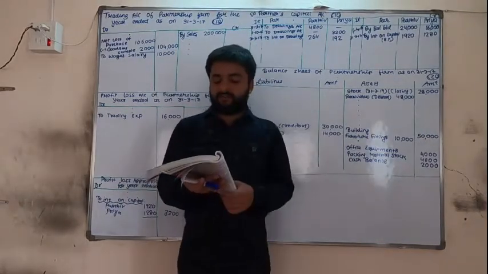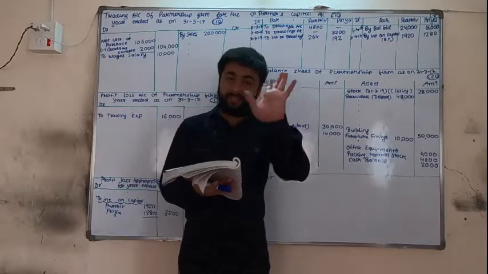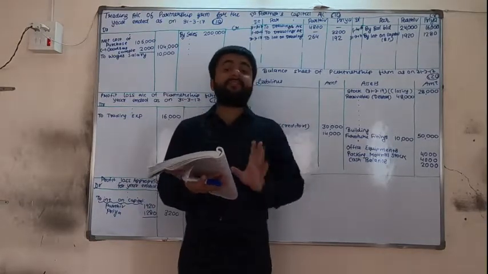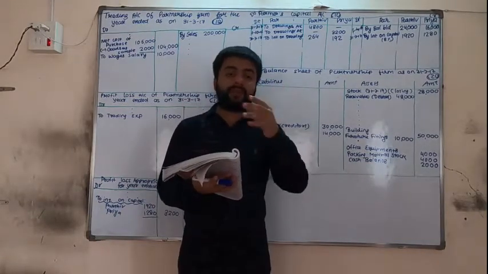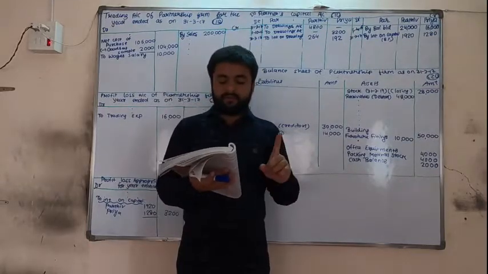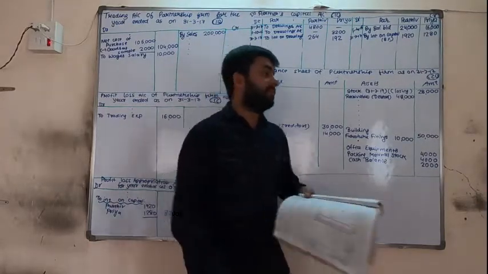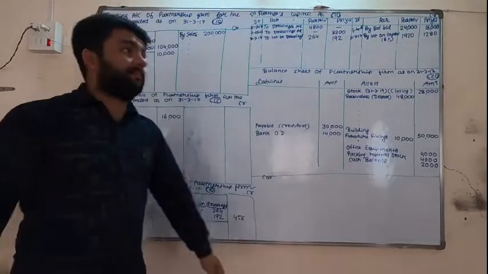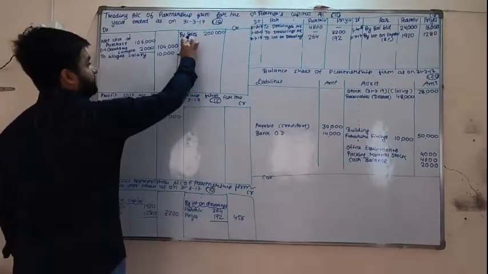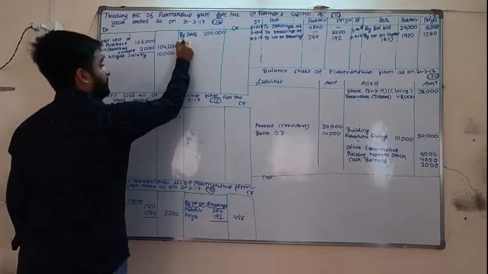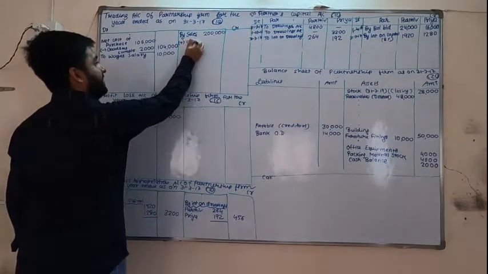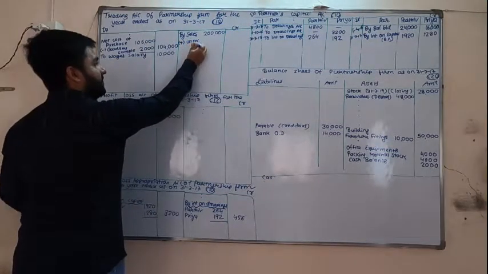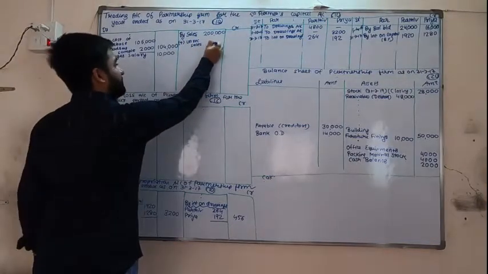Credit sales of 10,000 are not recorded till now. Then next is the second adjustment. There are 2 parts in adjustment number 2. First we are solving credit sales unrecorded. When sales and purchases are unrecorded, then plus, plus: add to sales, add to debtors. Plus unrecorded sales 10,000.